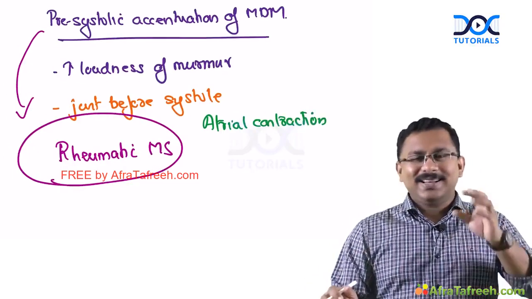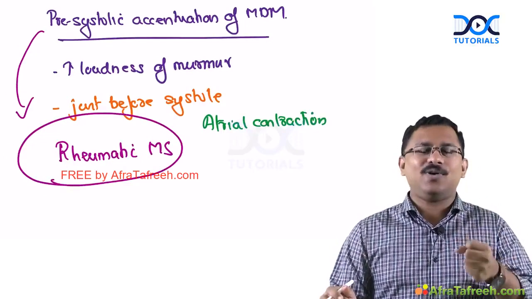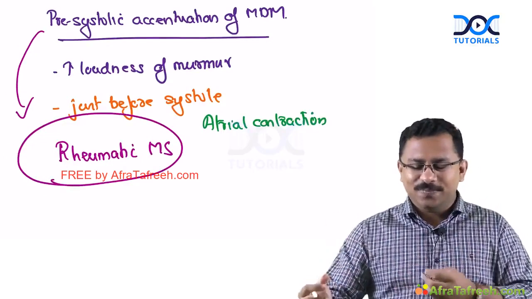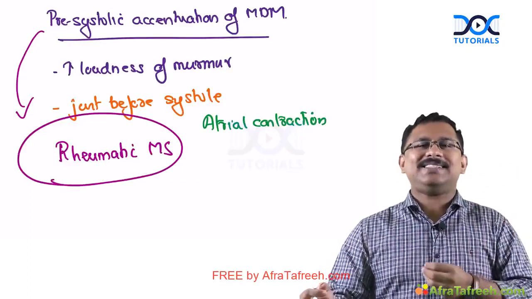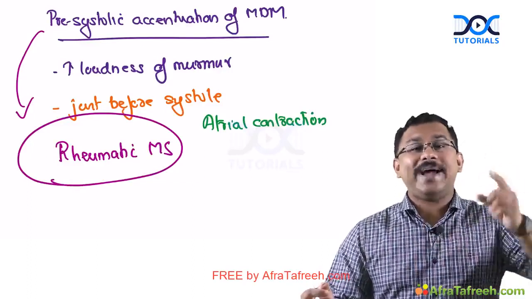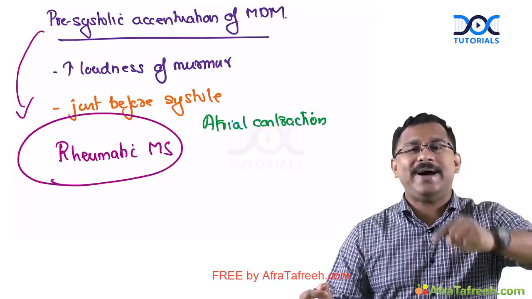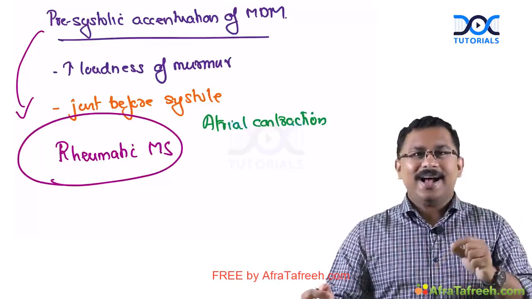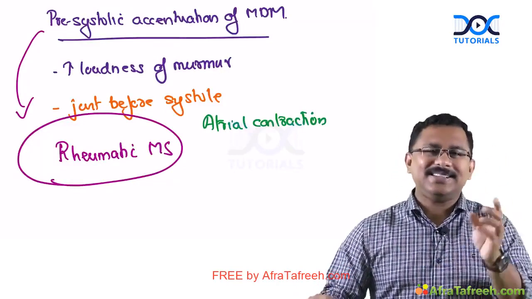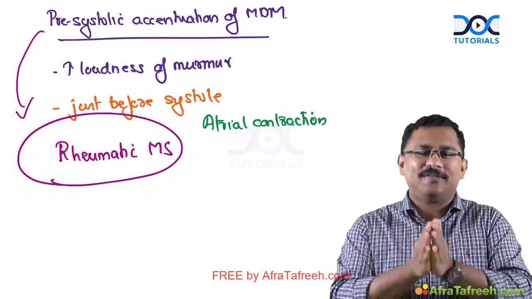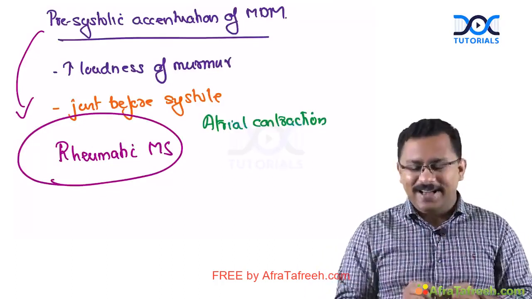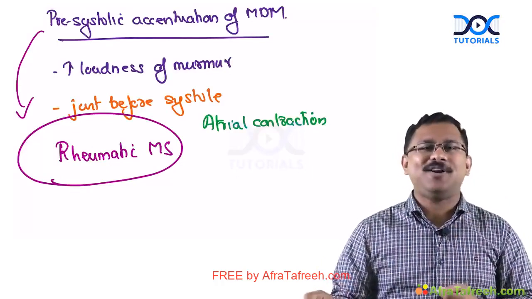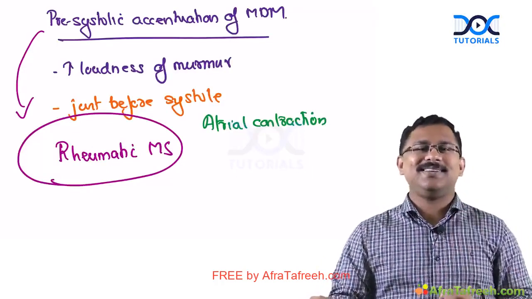When there is an atrial contraction just before the ventricular systole, this atrial contraction will increase the rate of blood flow across a stenosed mitral valve. And this increased rate of blood flow is responsible for the pre-systolic accentuation.